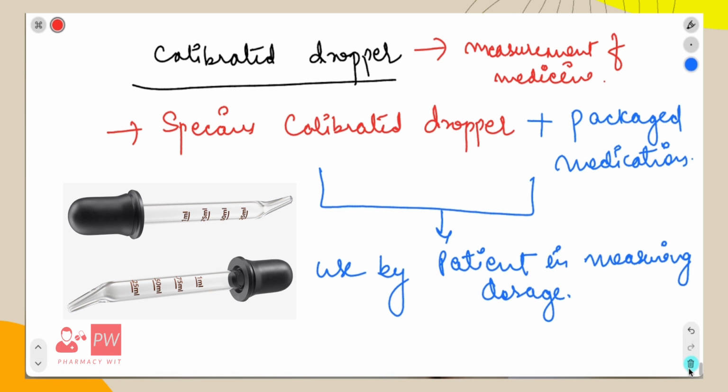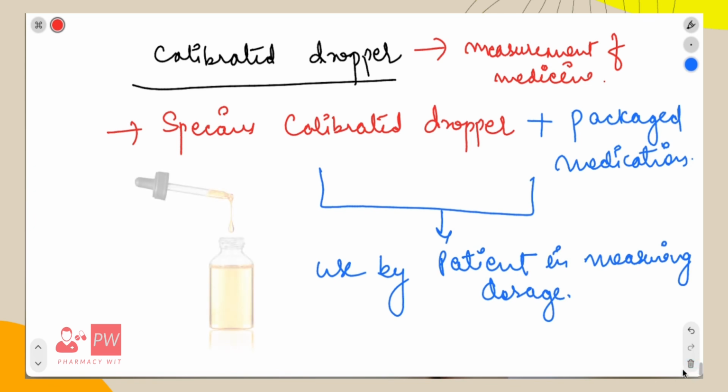A dropper can be calibrated by counting the drops of a liquid as they fall into a graduate until the measuring volume is obtained. The number of drops per unit volume is then established. Let's understand this with an example.